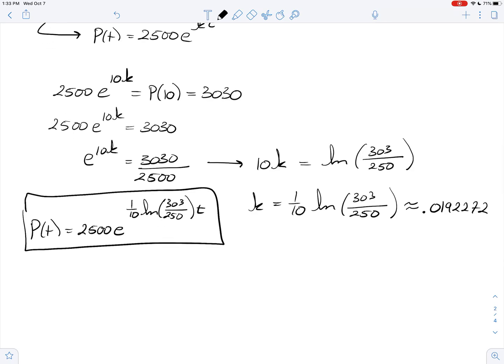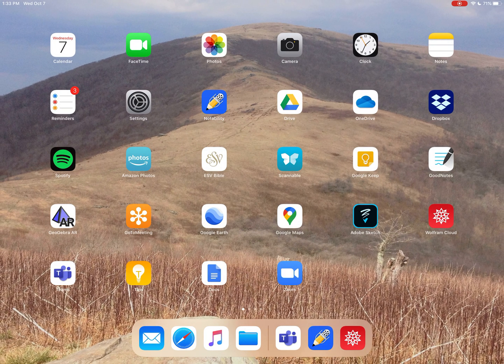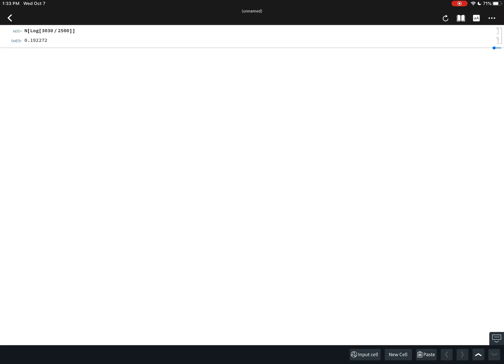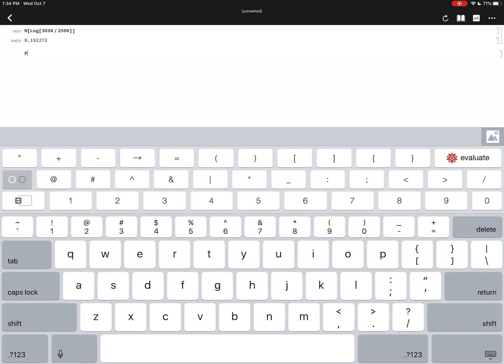And now I want to estimate the population in 93, that corresponds to 43, and the population in 2020, that corresponds to 70. And so let's go ahead and switch back to Mathematica, and then we can actually program in our P of t. So let's see, we can make a new input cell, and we can go ahead and define P of t just like you guys did in lab.